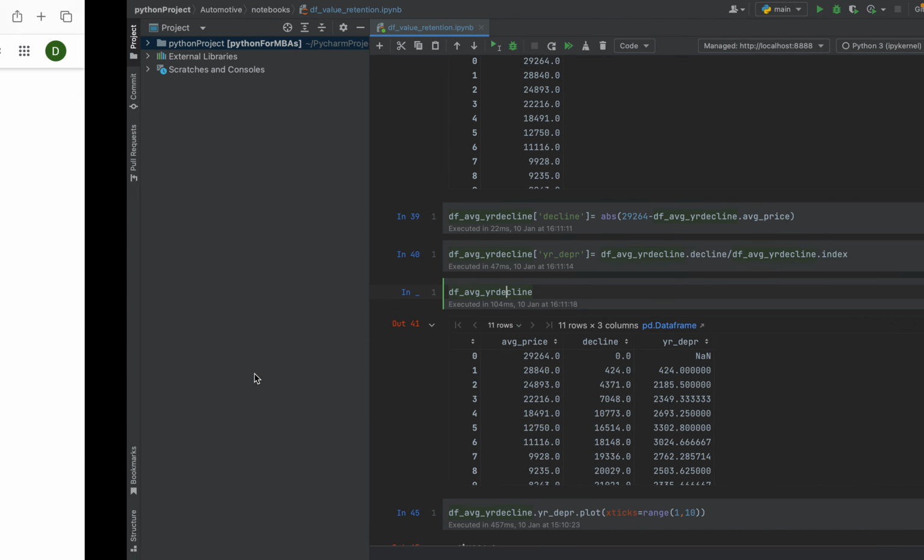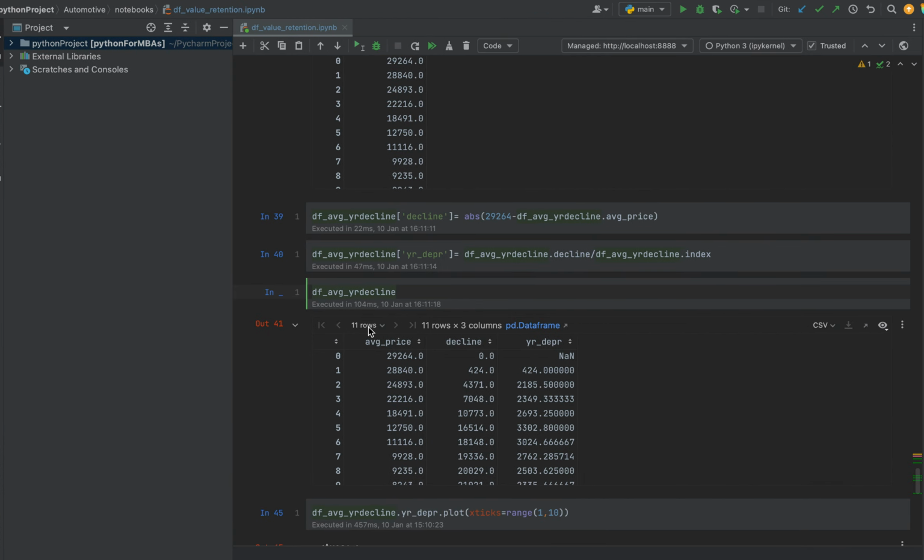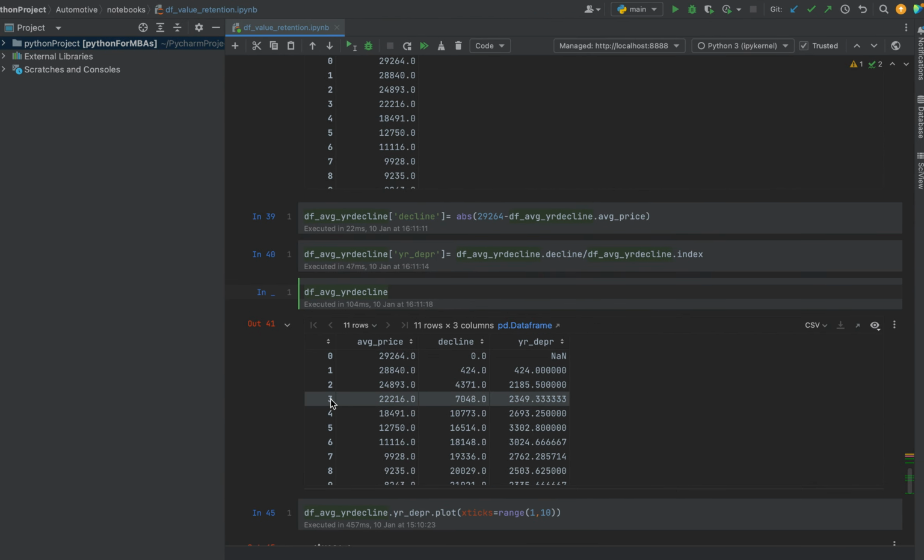That would be the cost of the asset minus the salvage value, divided by the estimated useful life, the number of years. So this would be 29,264 minus 12,316, divided by 3.